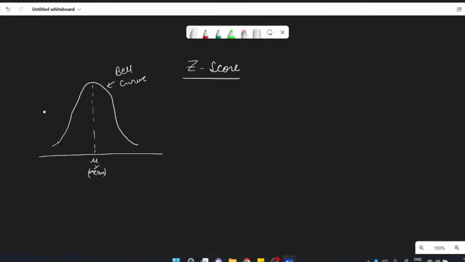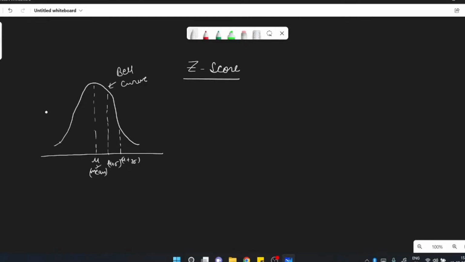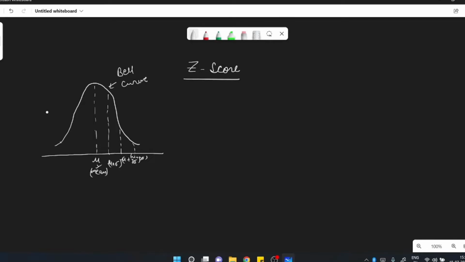Okay, if I move one step right of this mean, that will be my first standard deviation, that is mu plus sigma. So this will be the range of my first standard deviation. If I move one more step to the right, it will be mu plus 2 sigma, meaning the range of 2 standard deviations. Similarly, if I move one more step, that will be mu plus 3 sigma, the third range of standard deviation.